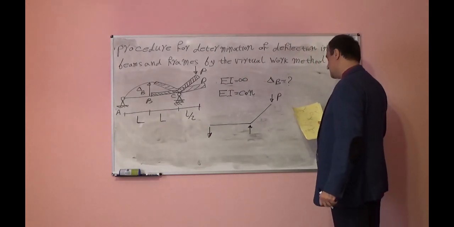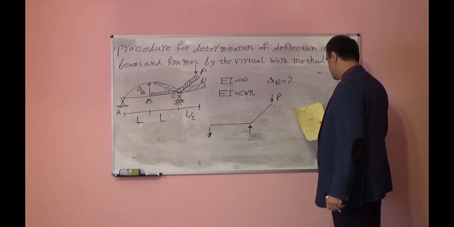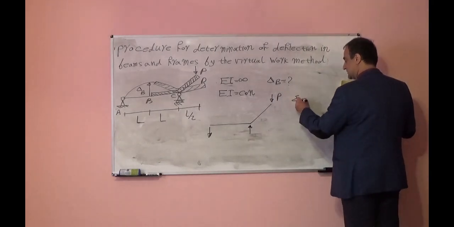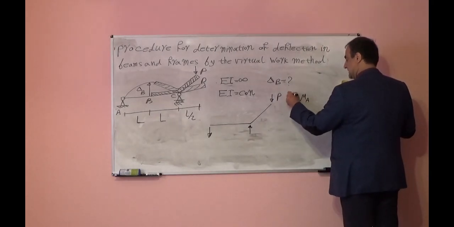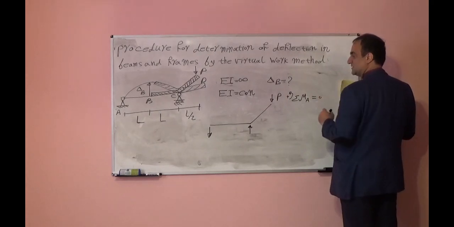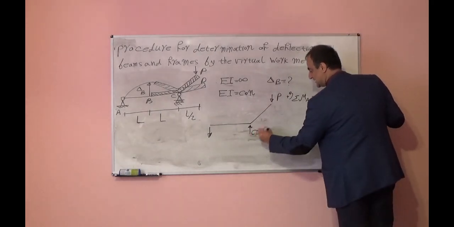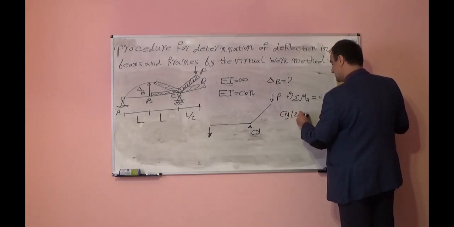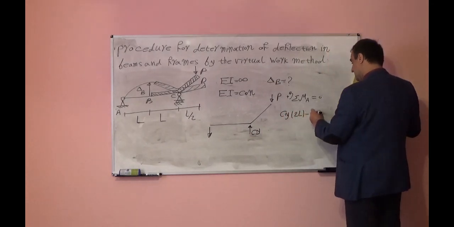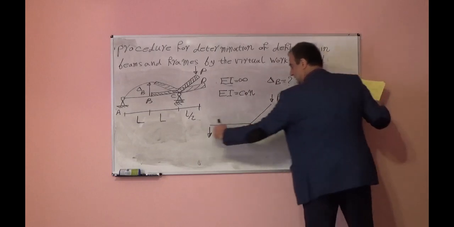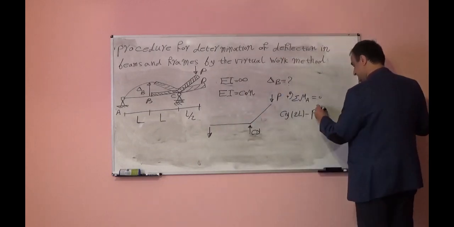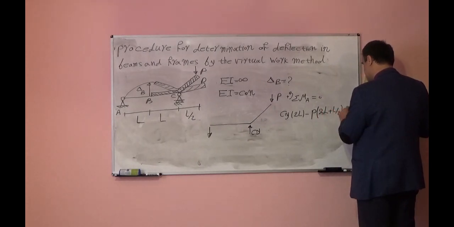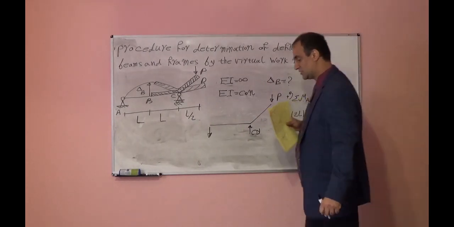If you find reactions here using the equilibrium equation, for example, if I take moment with respect to A equal to 0, and I want to find Cy. Cy times 2L minus P times 2L plus L over 2 is equal to 0.